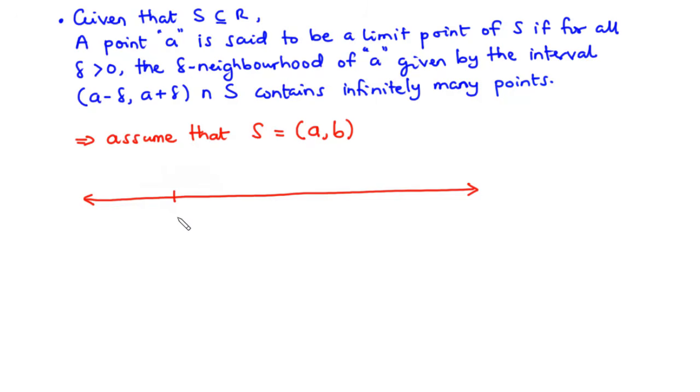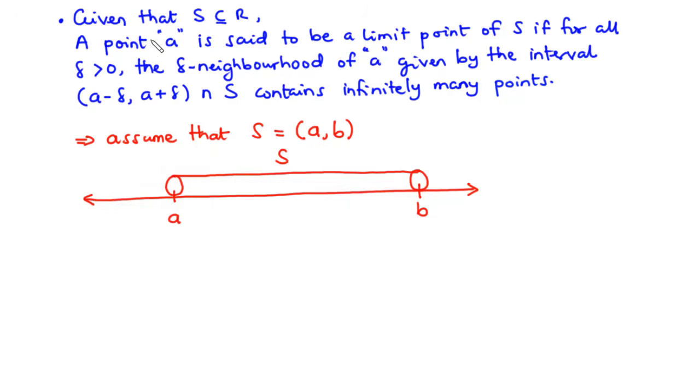We have the point A and the point B. Now because the interval is open at both ends, we are going to draw an open circle on both A and B. So we have open circles here, and this is the interval AB, and that is the set S.